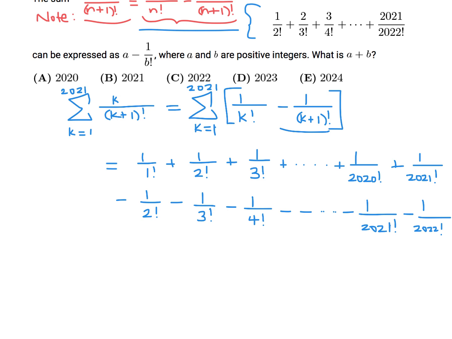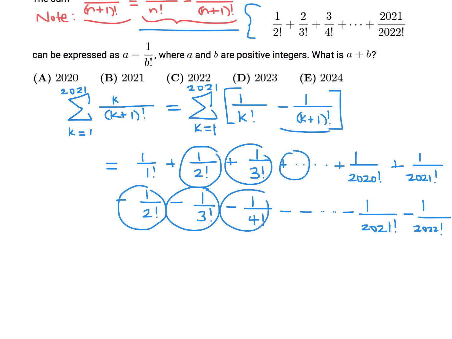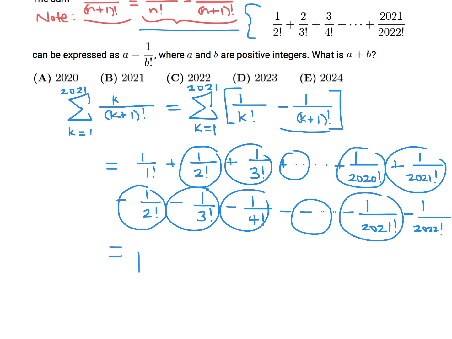Now you notice this cancels with that, and it just keeps canceling. Eventually, everything cancels. The only thing that you'll have left is this 1 and this 1 over 2022 factorial.